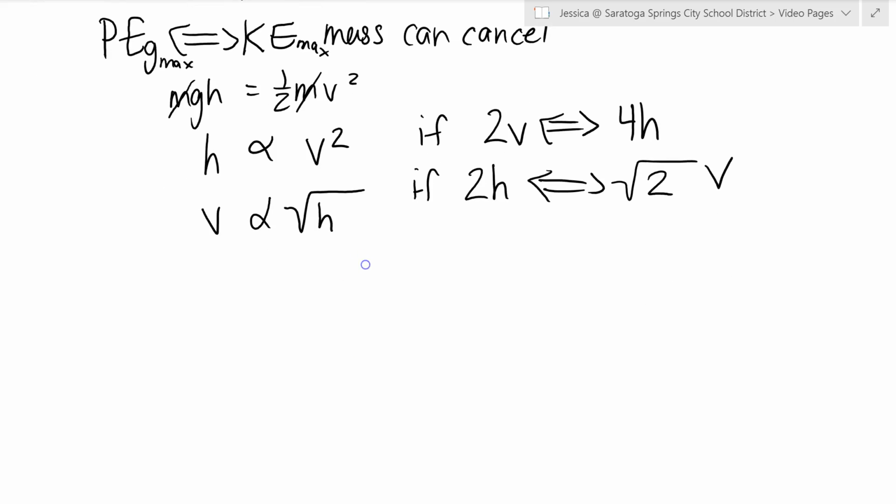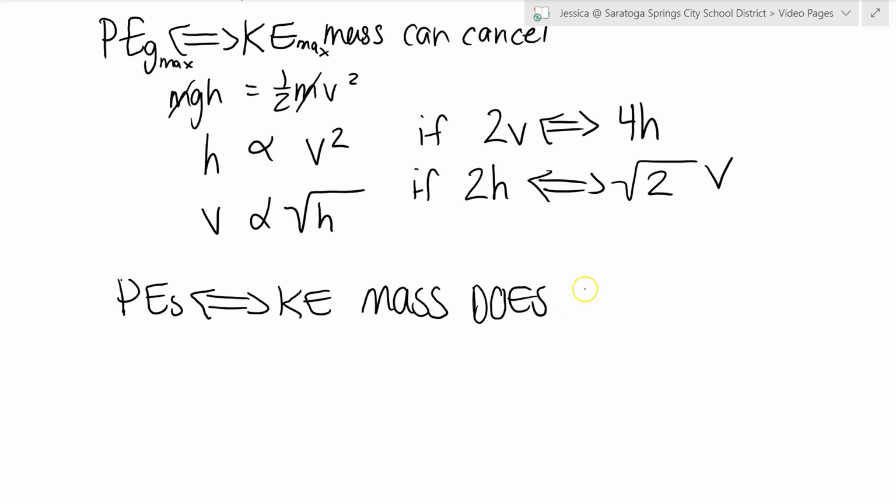Okay? The other relationship I want to talk about is spring potential energy converting back and forth to kinetic energy. Here, mass does not cancel. Okay, really important. Mass matters here. Mass matters when we're involving spring potential energy.